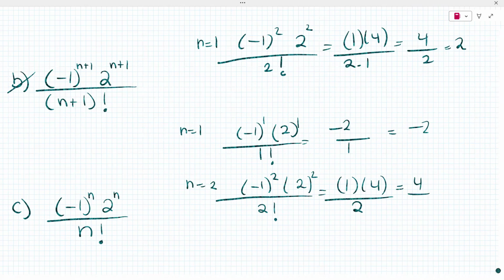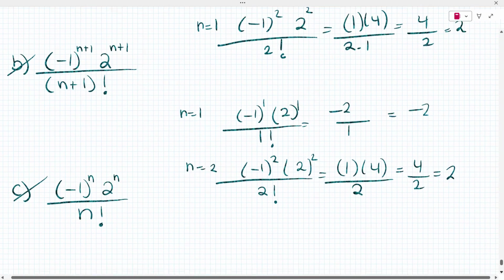Times 4 is 2. No, the second term should be 4, so it's not C.